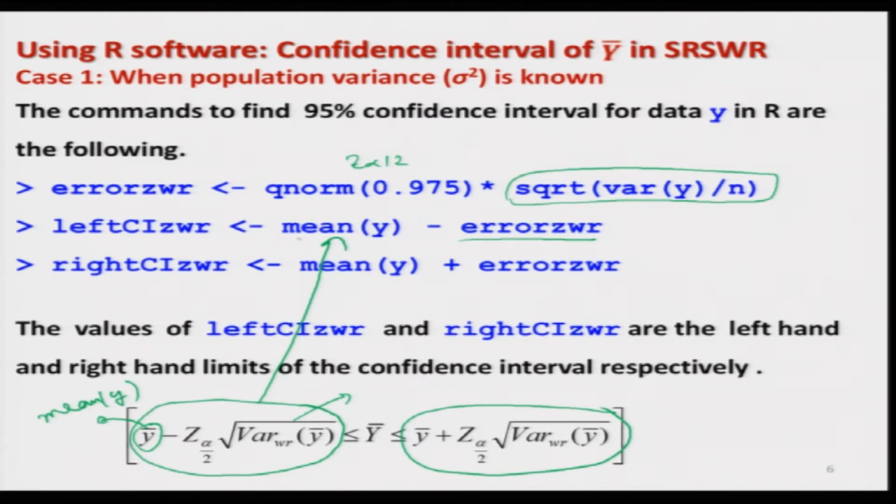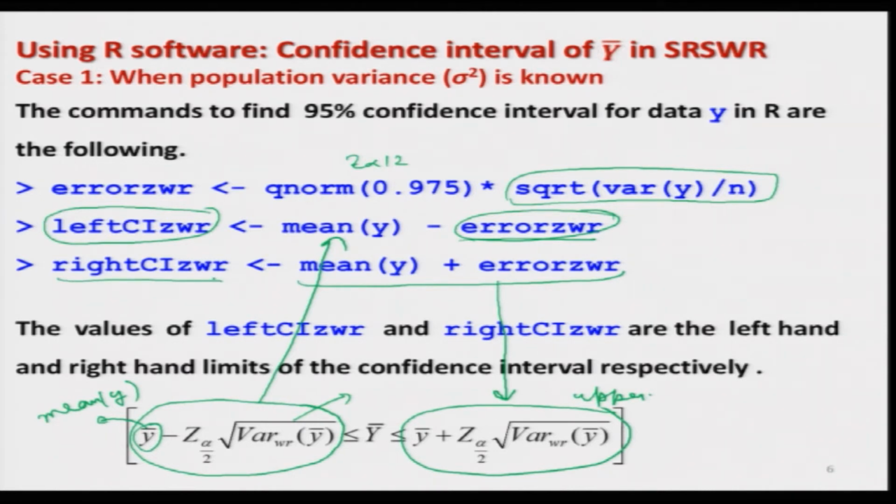If you say mean of y minus this component error ZWR, this will give you the left confidence limit of the confidence interval. Similarly, if you write mean of y plus this error ZWR, this will give you the upper confidence limit, which I have denoted by right CIZWR. That means the right confidence interval of Z, that means under normality under WR.